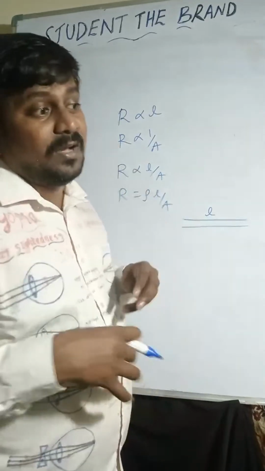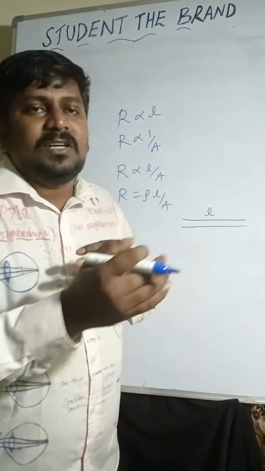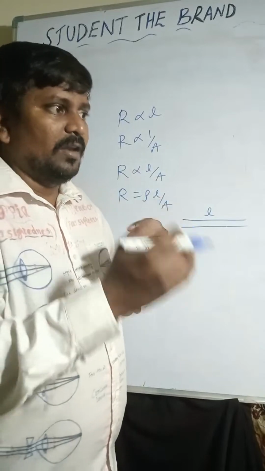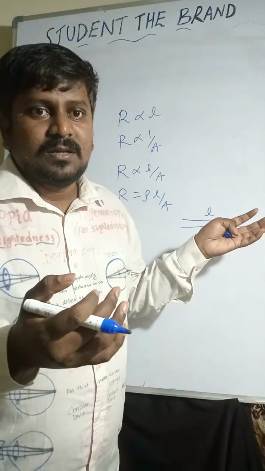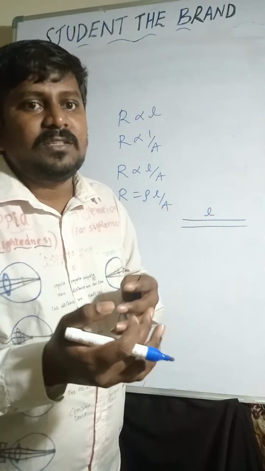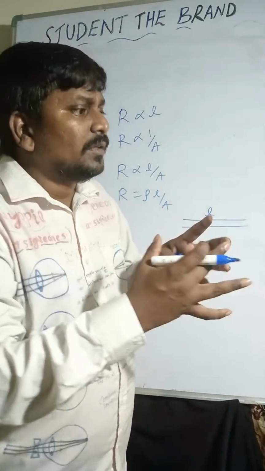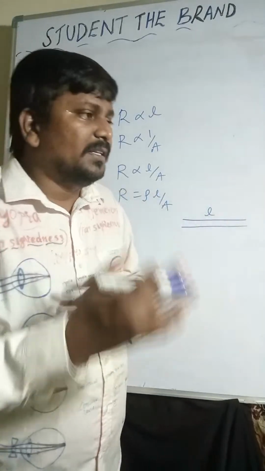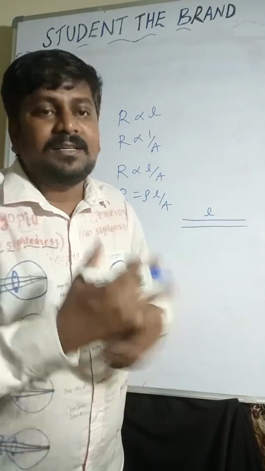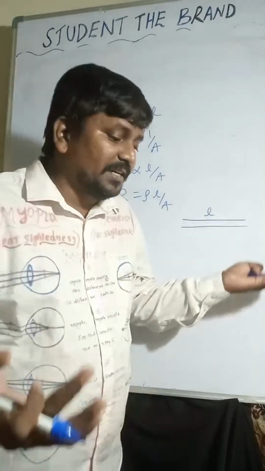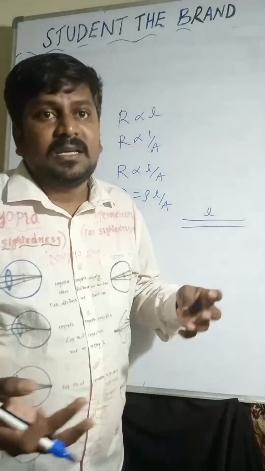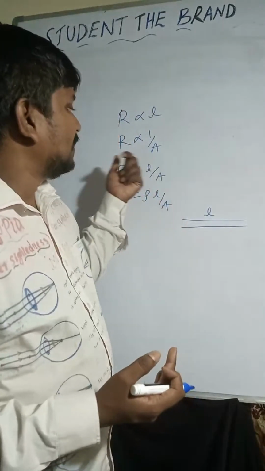If the temperature increases, molecular speed also increases, so electron speed also increases automatically. Bombardment increases, collisions between electrons increase, then resistance increases, resistivity increases, so everything increases. By that, resistance increases.